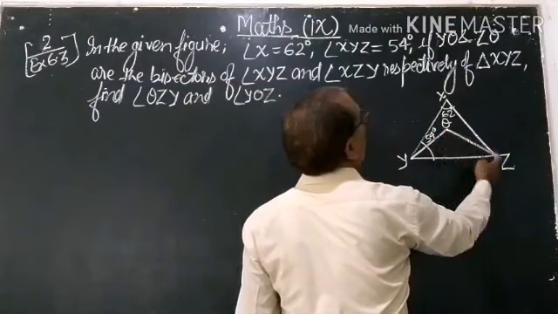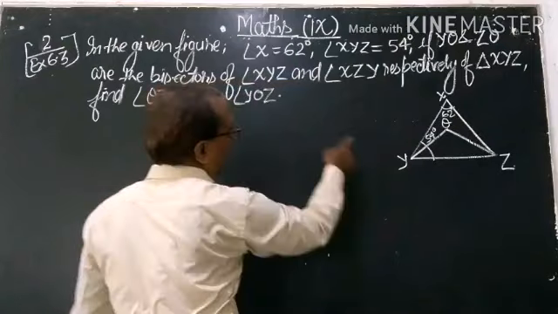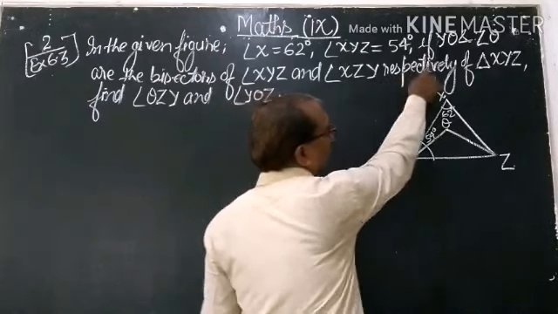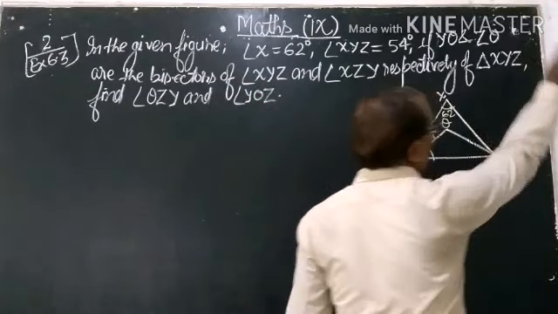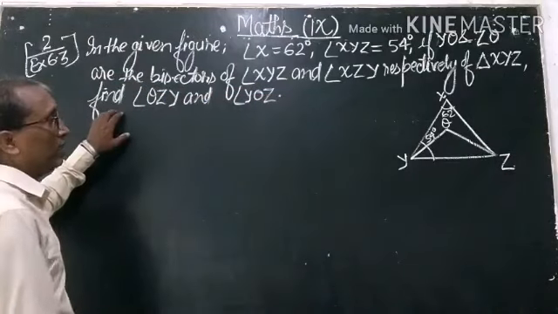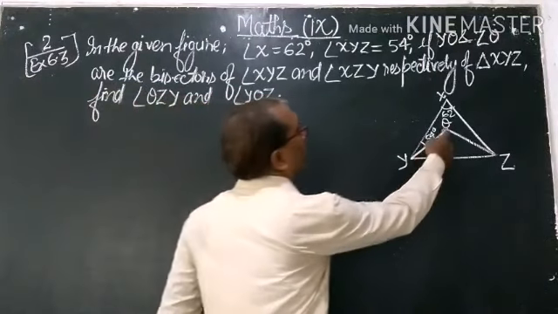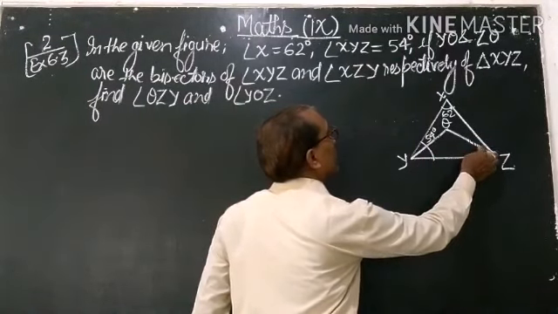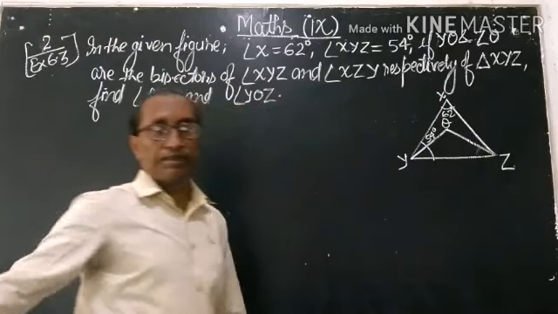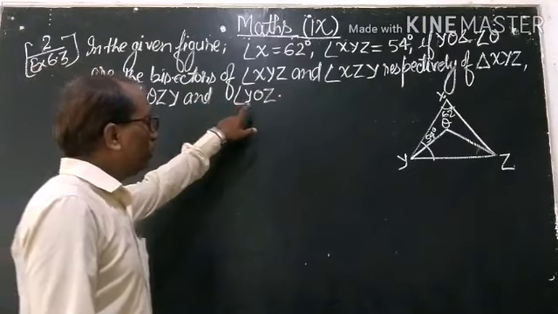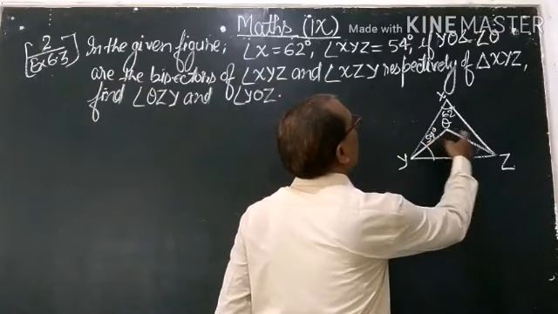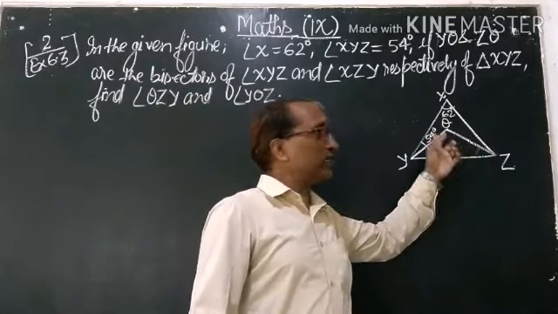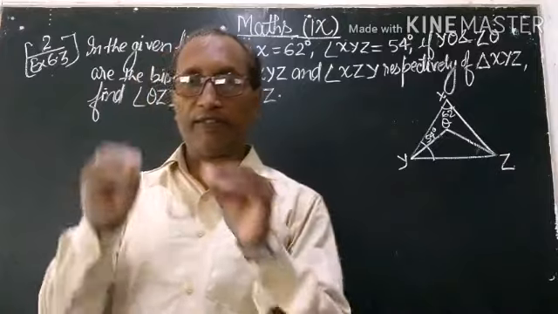If YO and ZO are the bisectors of angle XYZ and XZY respectively of triangle XYZ, find angle OZY, meaning this angle, and angle YOZ, meaning this angle, from the given information.